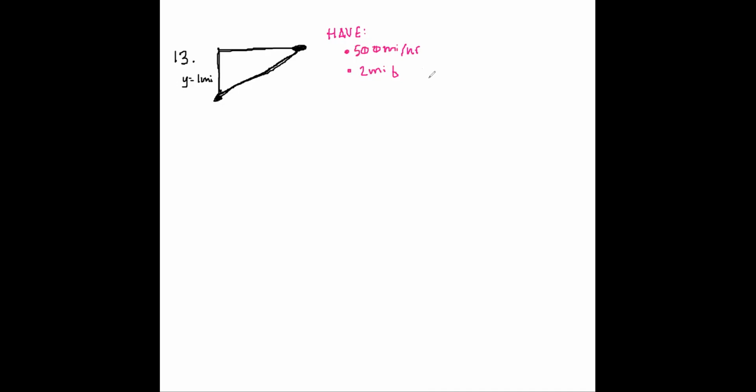It says 2 miles away. Well, I guess it doesn't say, but my implication was the horizontal distance. That's also what I was thinking, and now I'm reading this again and second guessing myself.